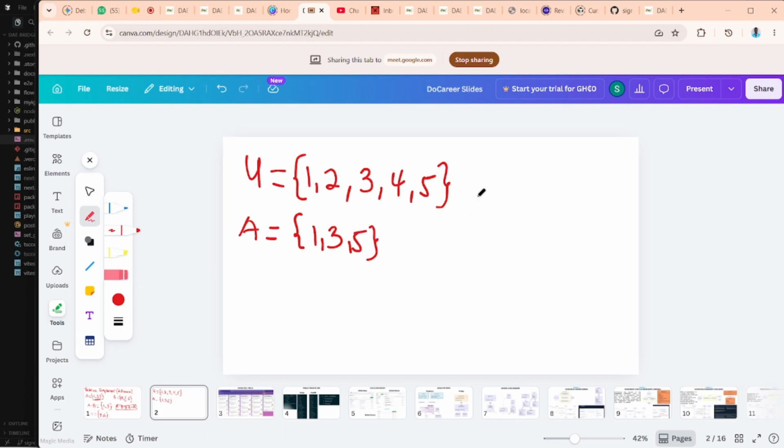So if it is 5, then our A complement is, I think you said, 2 and 4. Yeah. So the complement obviously depends on the universal set in which we are working.